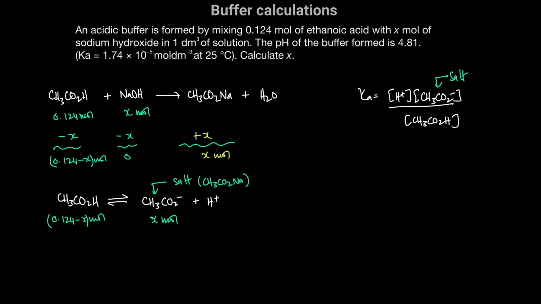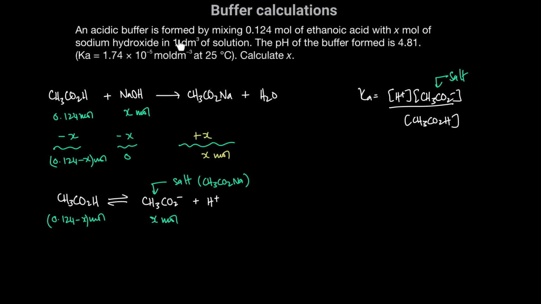We know how many moles we have of conjugate base, and how many moles of acid. Remember, because it's a buffer solution, both of these species are present in the same solution. So we've already learned that the molar ratio will be the same as the ratio of their concentrations, so we actually don't need to find the concentrations here. We can just plug in the moles into this expression.